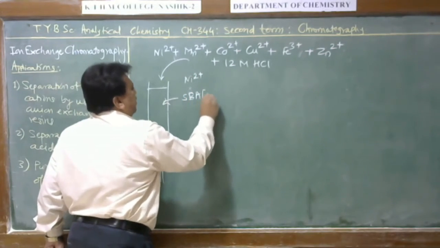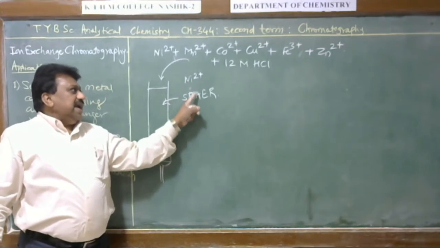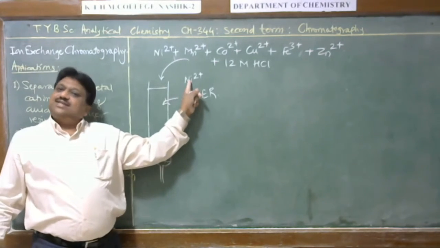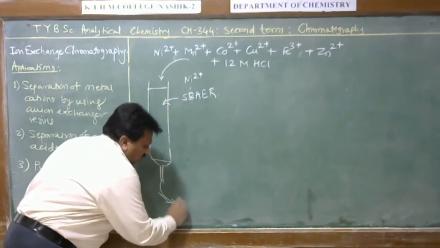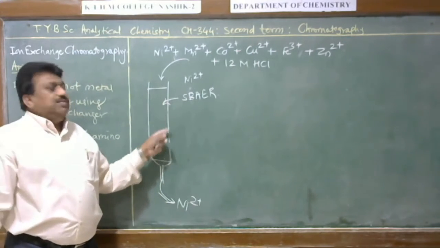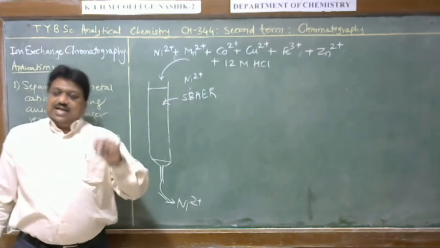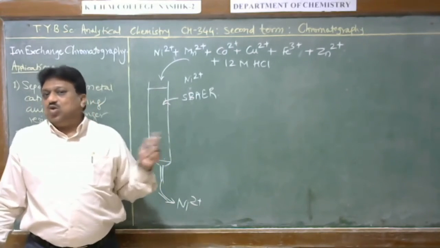When we pass this mixture through the strong base anion exchanger resin, the resin does not exchange this nickel cation, and therefore nickel is directly given out from the column as we load the sample, because it is not converted into its chloro complex.